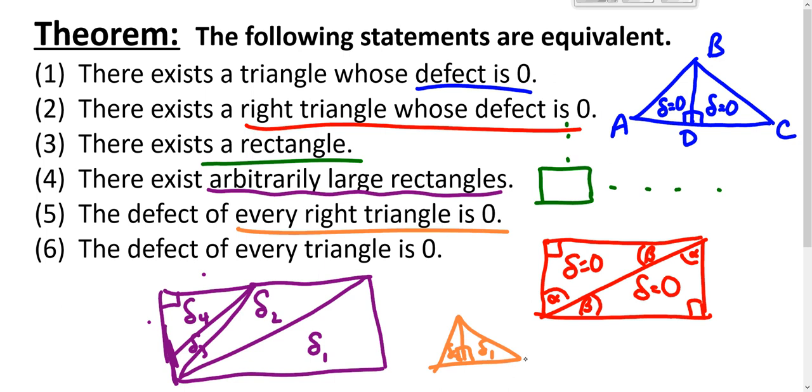So the defect of the triangle is 0 by additivity of defect. And once the defect of every triangle is 0, then there exists a triangle whose defect is 0. Once you give me a triangle whose angle sum is 180, there are rectangles. And once there are rectangles, every triangle has an angle sum of 180.